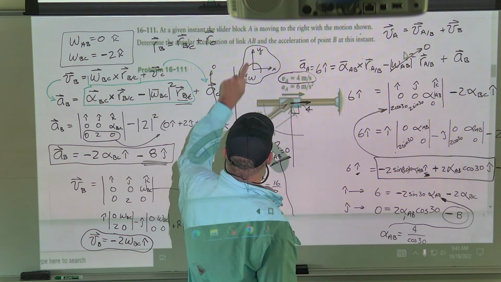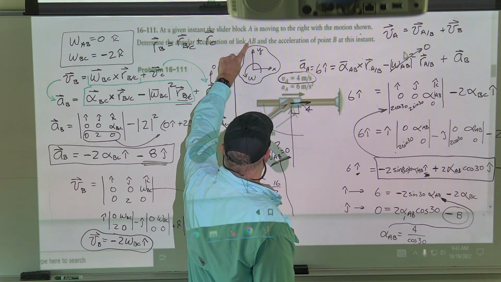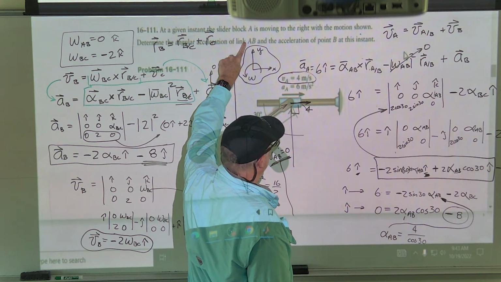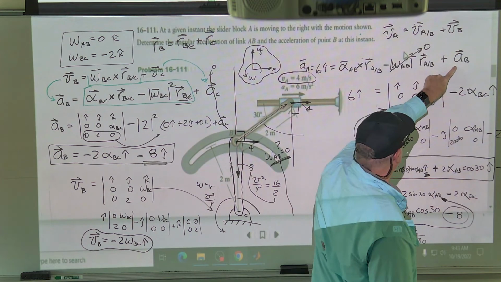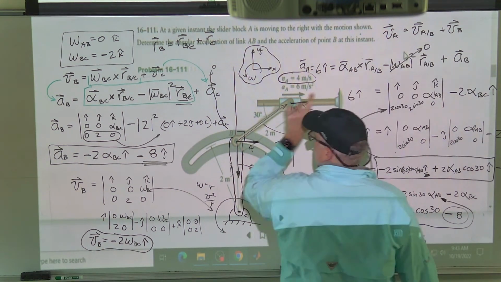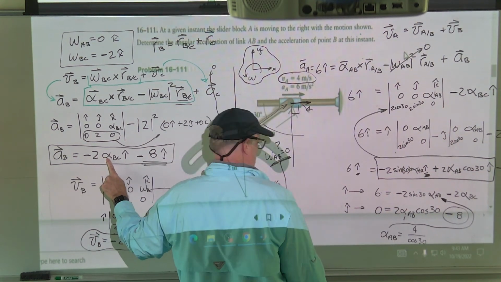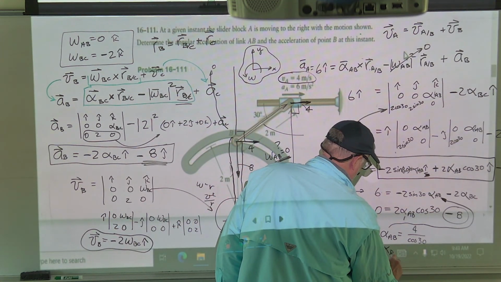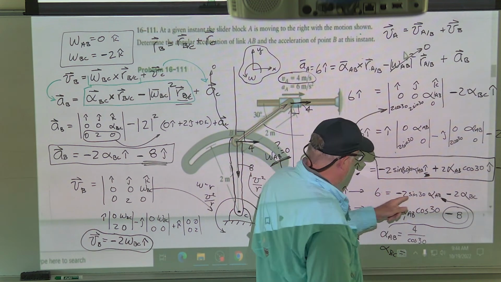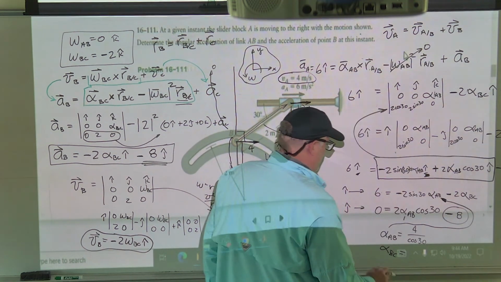He only asked for that. He also asked for the acceleration of point B, which actually I will have to have the alpha BC in order to find that. So I'll have to have alpha BC back from here.